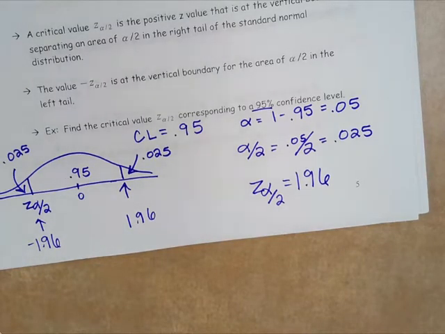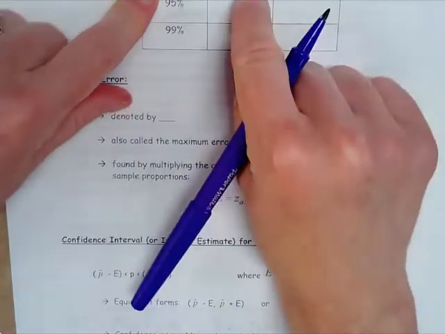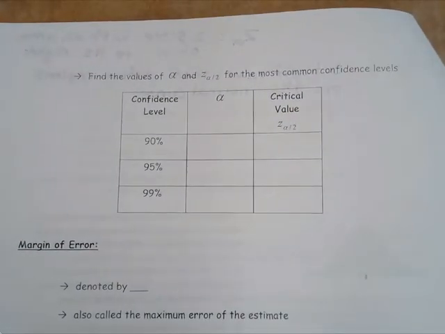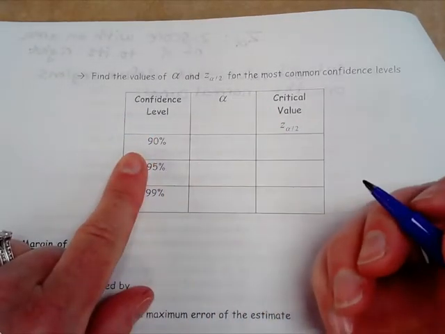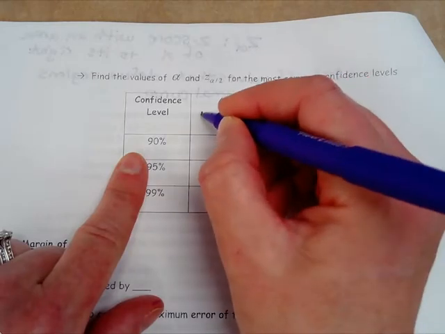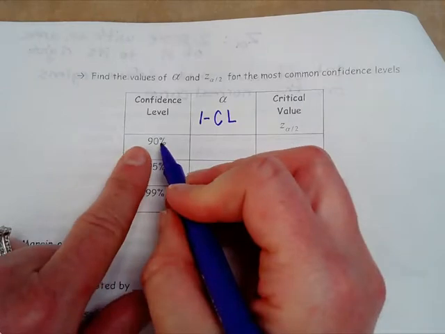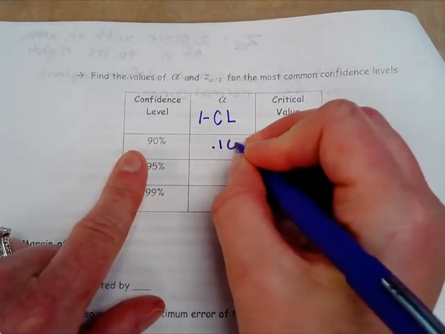So other common ones, 0.90 and 0.99, are on there as well. So that's what our next page actually asks us. So confidence level, and then our critical value. So our confidence level is 90%. Then our alpha is 1 minus our confidence level. So in this case, 90% would be 1 minus 0.90, which is 0.10.